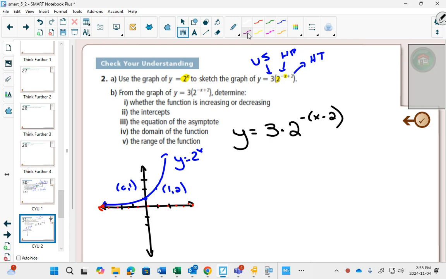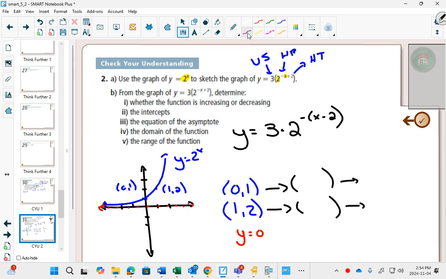And unlike DAB-C, where we had a shortcut for exponential graphs, we don't have any new additional shortcut. We're going to just do it the original way, where you write down your points, and we're also going to write down our asymptote. Do all of our stretches and compressions first, followed by our translations.